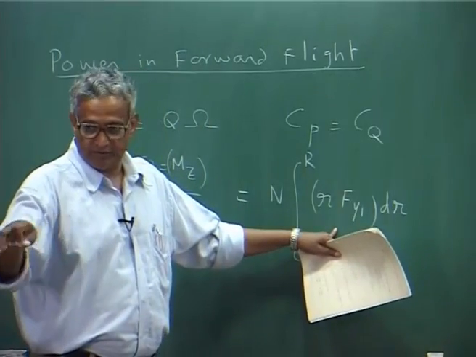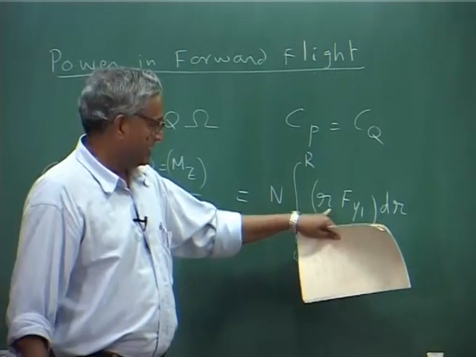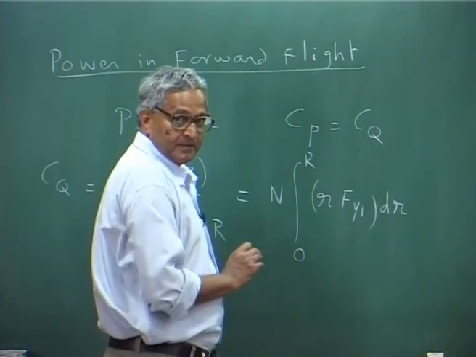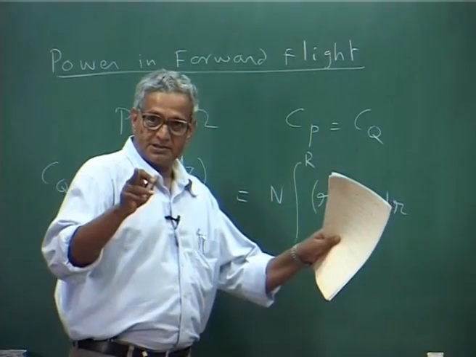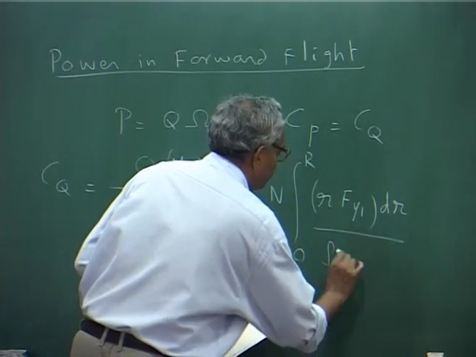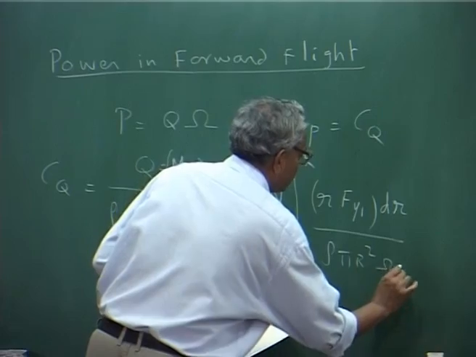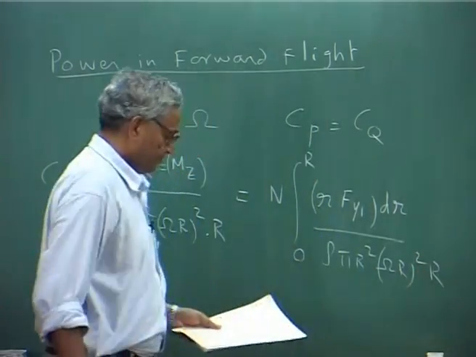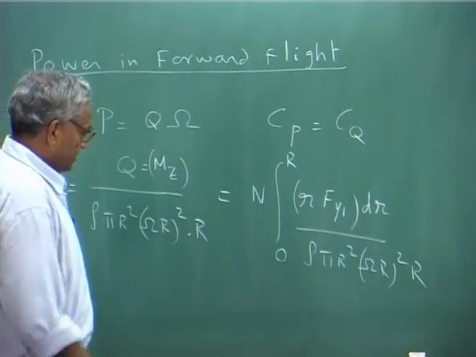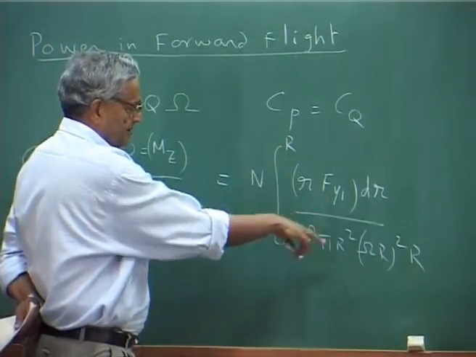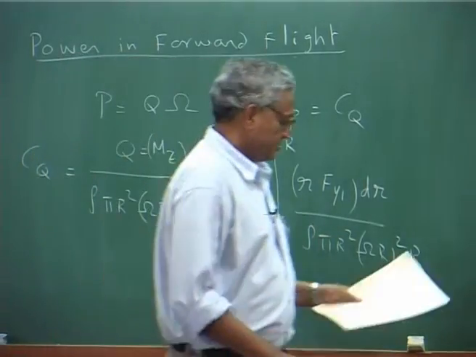If you look back at your notes, last class I wrote this, moment Mz is this, because the drag force into the radial distance, and you divide by again rho, okay, and we can non-dimensionalize.